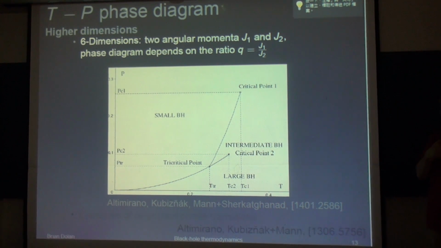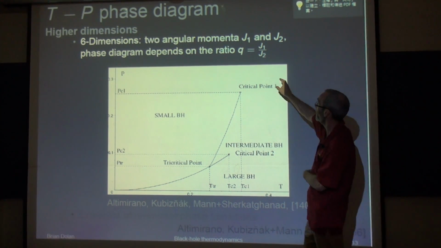If you go to 6 dimensions, then the black hole would have an event horizon which would be a 4-dimensional sphere. A 4-dimensional sphere has a much larger symmetry than a 2-dimensional sphere, and there are 2 independent angular momenta associated with it.